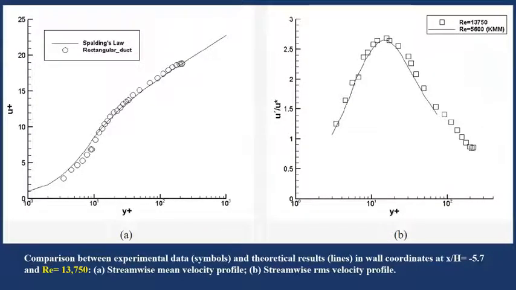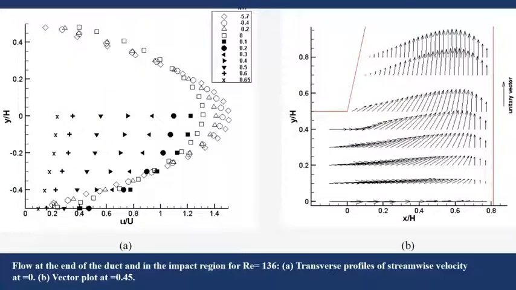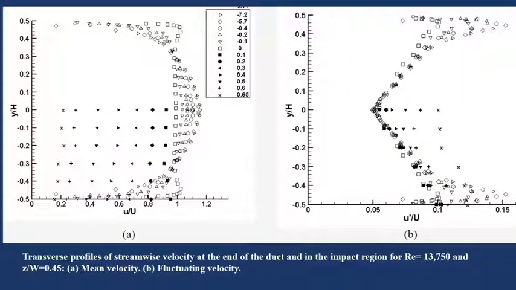Some comparisons also with Spalding's law and some other measurements in the laboratory, and some other measurements of the turbulence in this case. So the mean velocity and the fluctuating velocity.